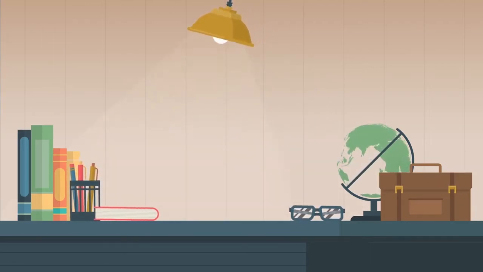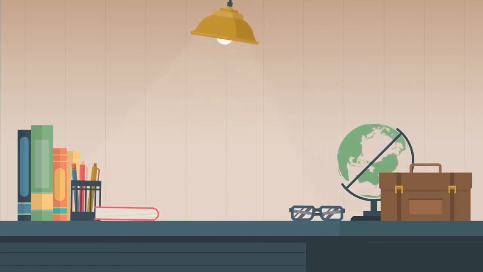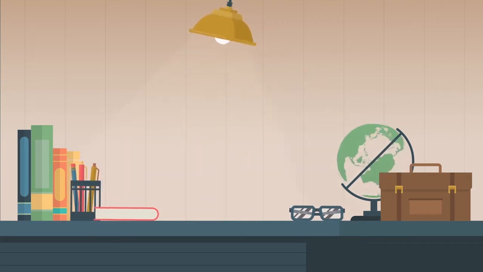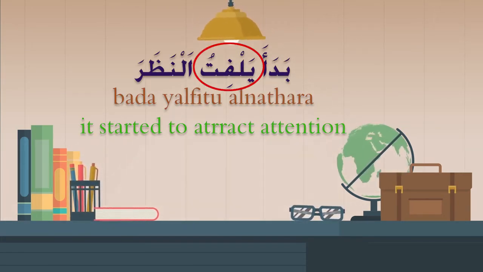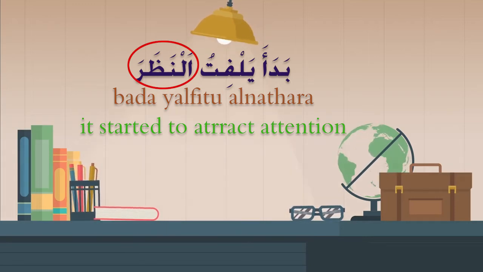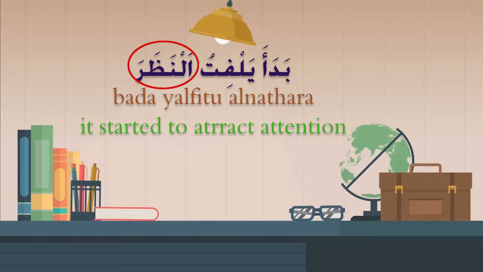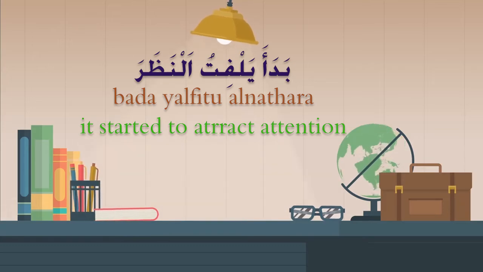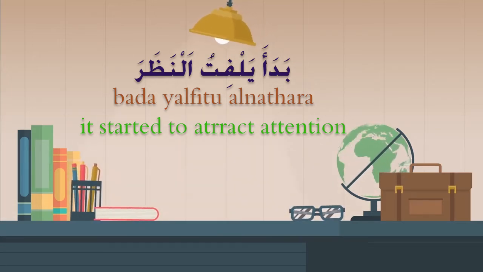There are also compound verbs in Arabic which express a grammatical aspect such as inceptive, durative. For example, بدأ يلفت النظر. It started to attract attention. This conveys the meaning of to start doing something in the past and it is still happening in the present.